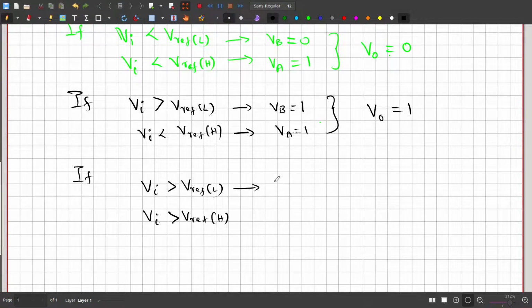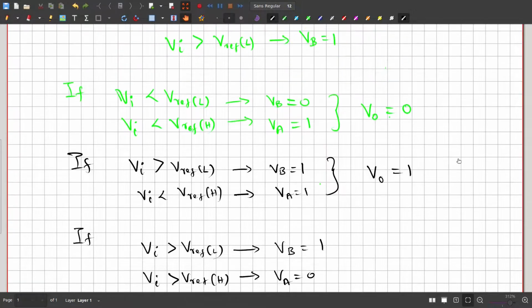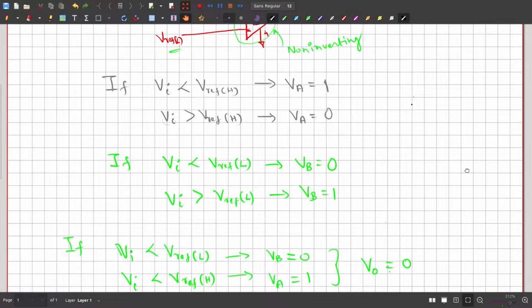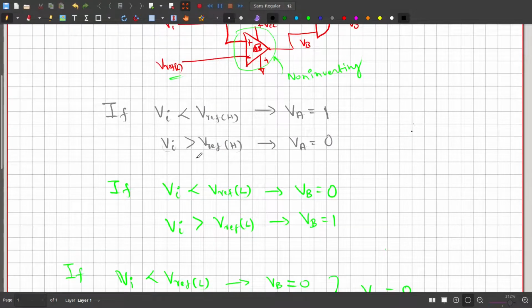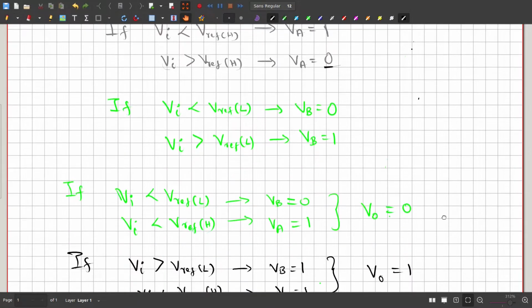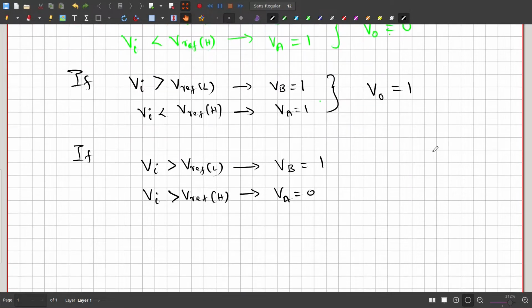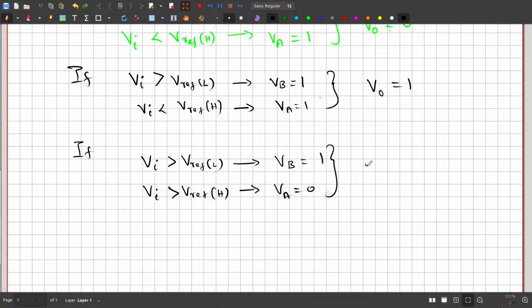In this case, we have Vb equals 1, whereas Va goes to 0. If you look at this table, Va equals 0, right? Therefore, our output equals 0.